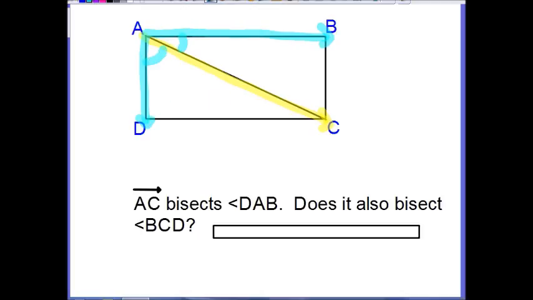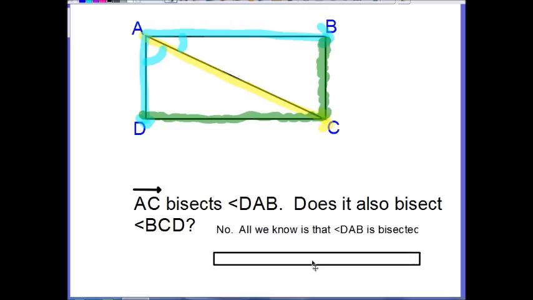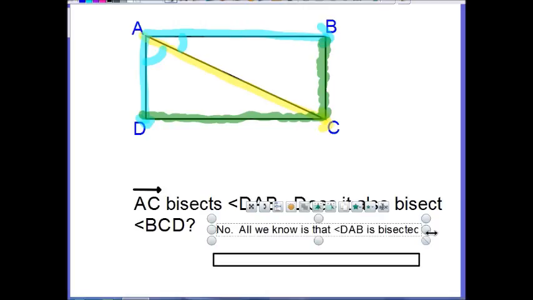What they're asking us is, does it also bisect angle BCD? Let's trace that over. BCD. I want you to think about that. What do you think? Does it bisect? Our answer is going to be no. All that we actually know about this is that it's bisecting angle DAB. We don't know anything about BCD, and we can't assume that because it bisects one, it bisects the other.